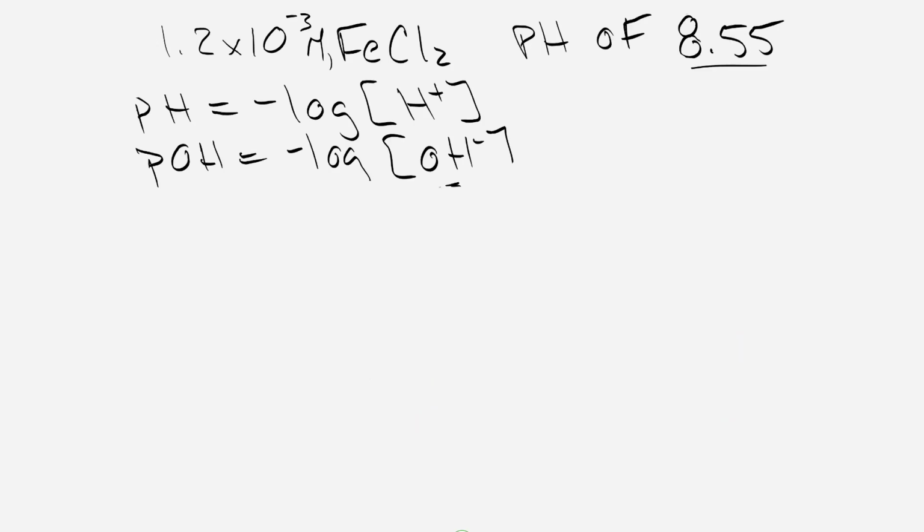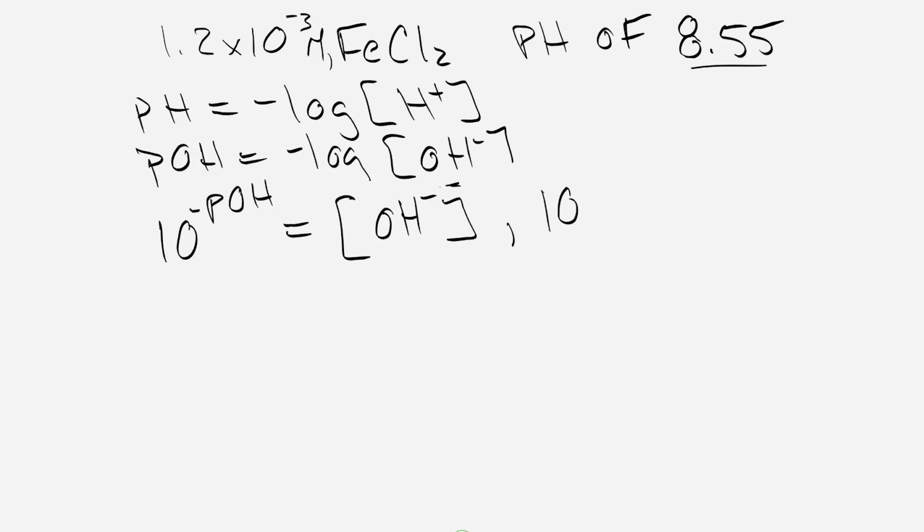To do that, it is 10 to the negative pOH equals my concentration of OH minus. And that's simply because 10 to the log will give me just 1. It's a way of getting out of the logs. So 14 minus the pH, 8.55, gives me my pOH.